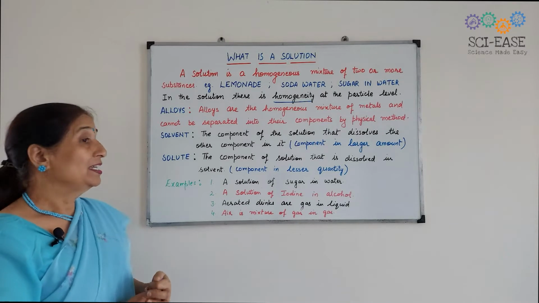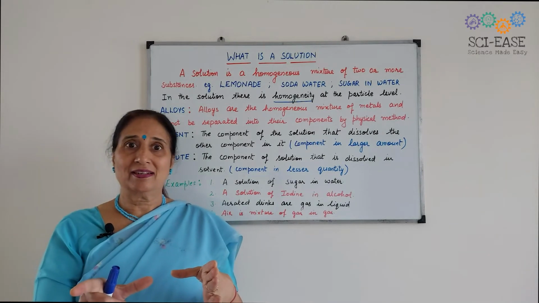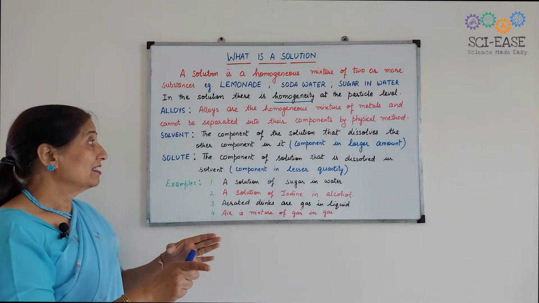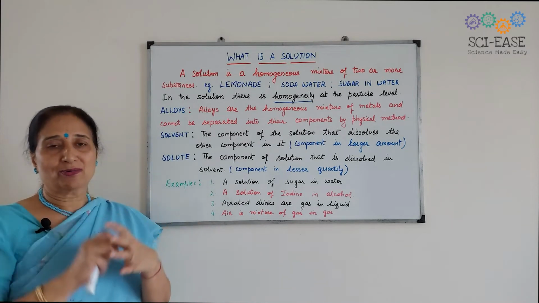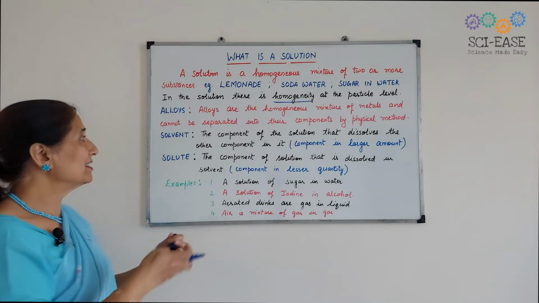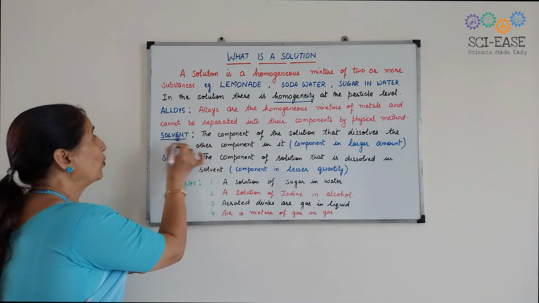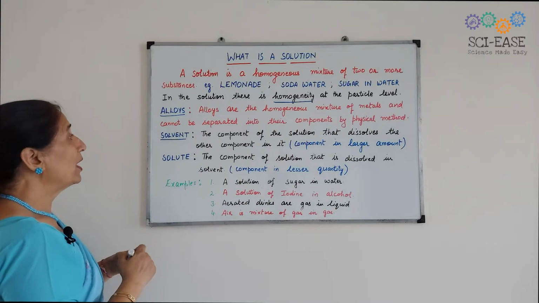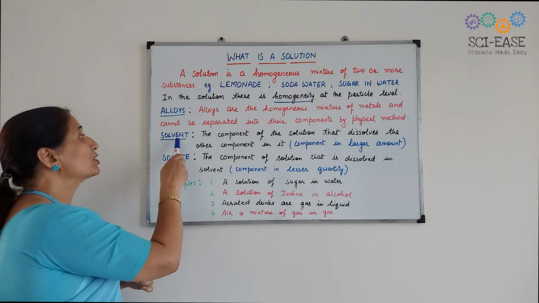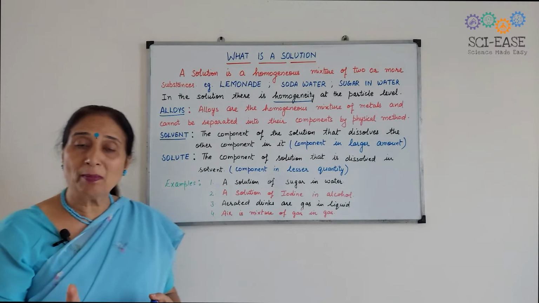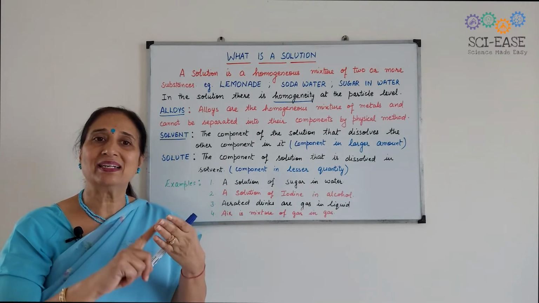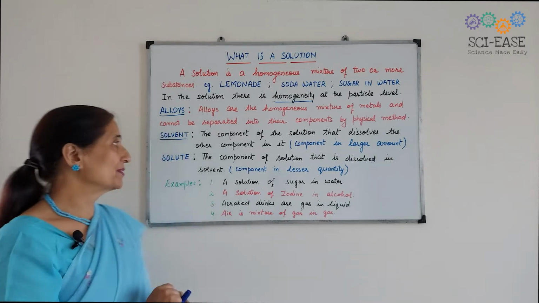So the component which is present in larger amount, I am taking the term solvent. There are two components in a solution. One is a solvent and another is a solute.